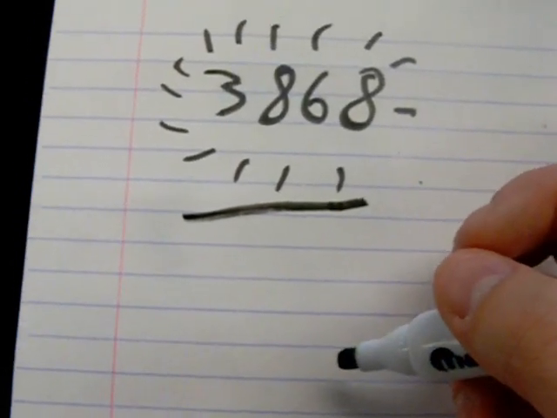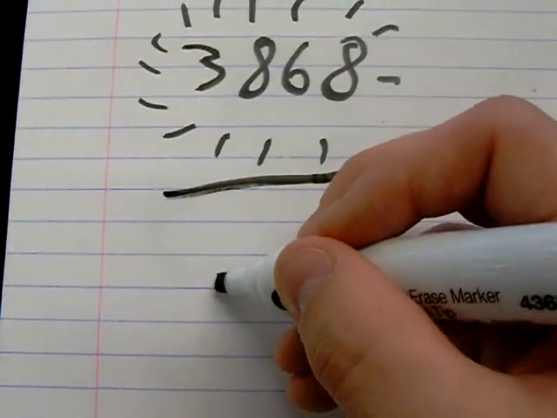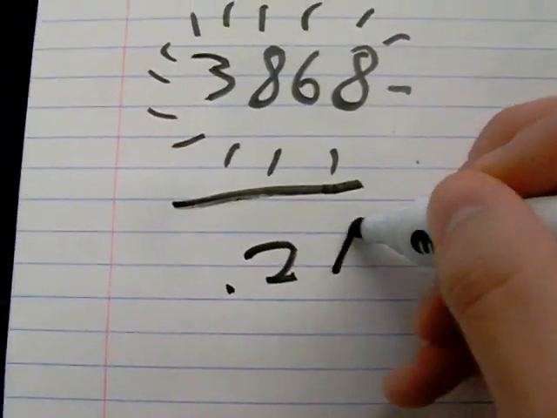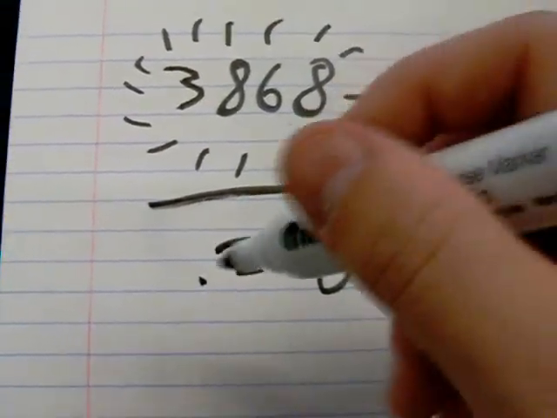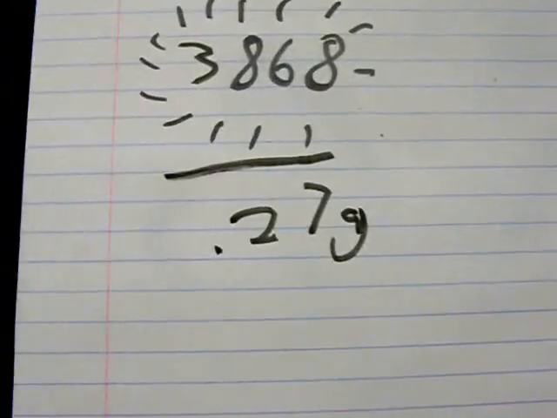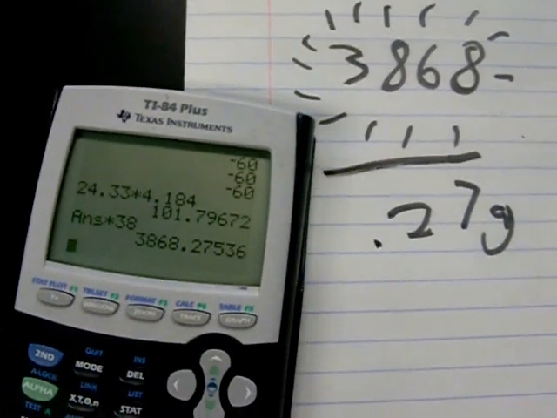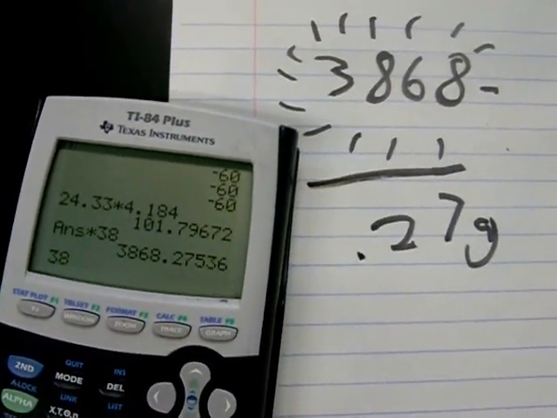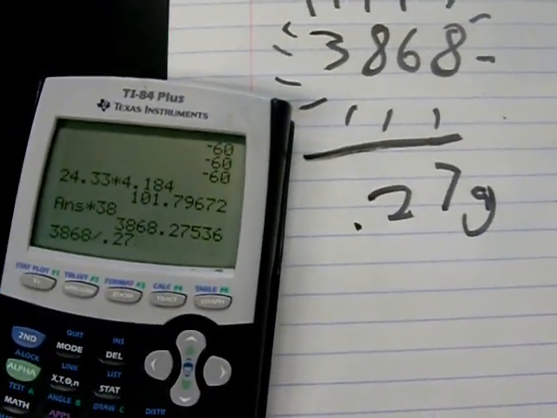Now the loss of mass in the candle was not that significant. We only lost 0.27 grams of candle. That is not a lot, but that translates into a lot of energy being given off. And we go to our handy dandy calculator. So we take 3868 and we divide this by 0.27.